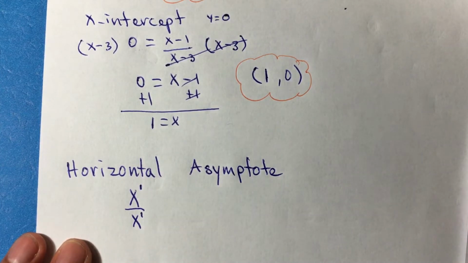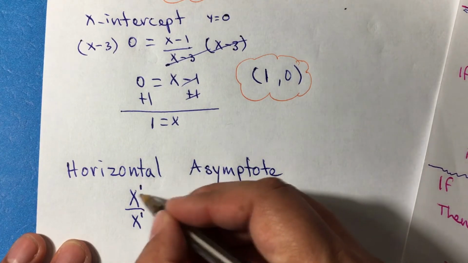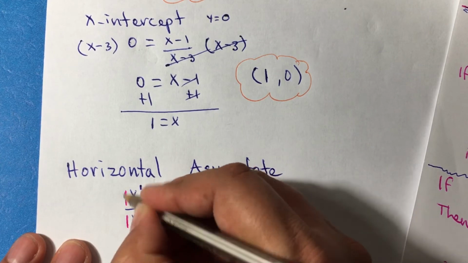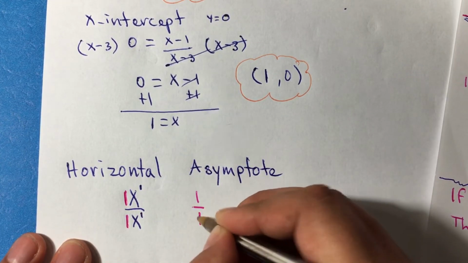But in reality, what we'll be dividing is not the degree, but the coefficients. In this case, it's going to be the same thing, but it's 1 divided by 1. Why?